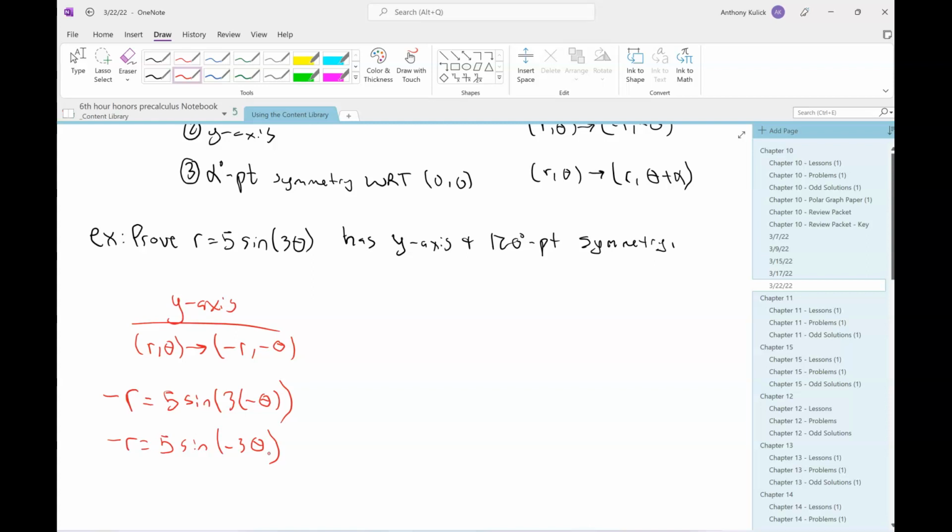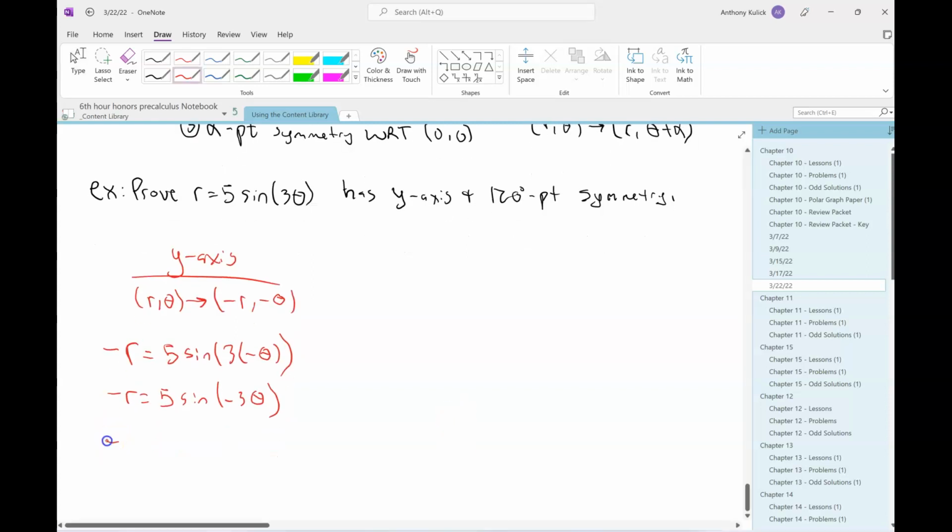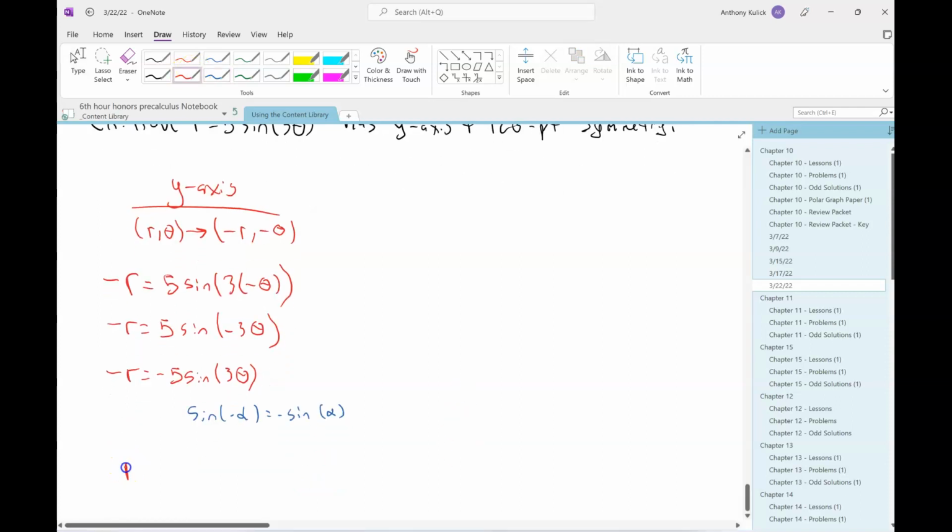That was one of the odd-even identities. And then if we just divide both sides by negative 1, we're back at our original. So we're good.